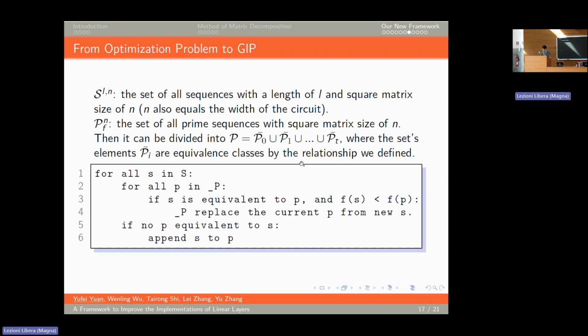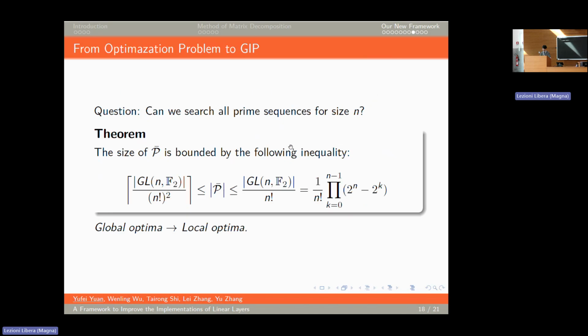We can also define the set of all sequences as S and the set of all prime sequences as P. P can be divided into a union of several equivalence classes, and we can design an algorithm to search all equivalence classes by storing one element for each class.